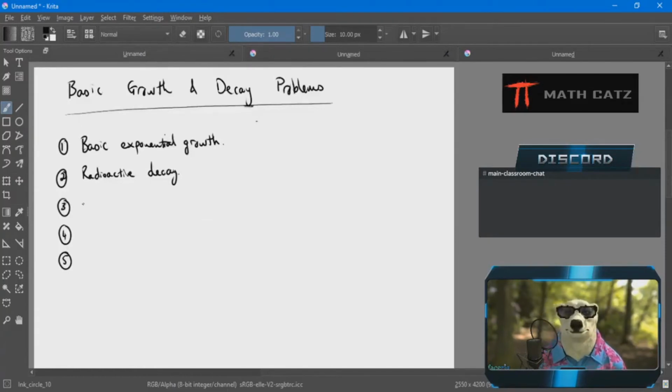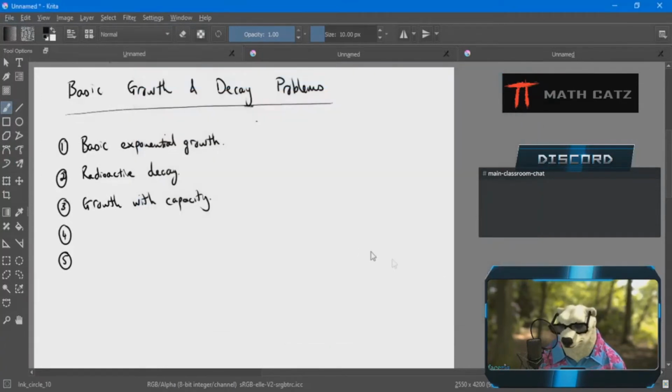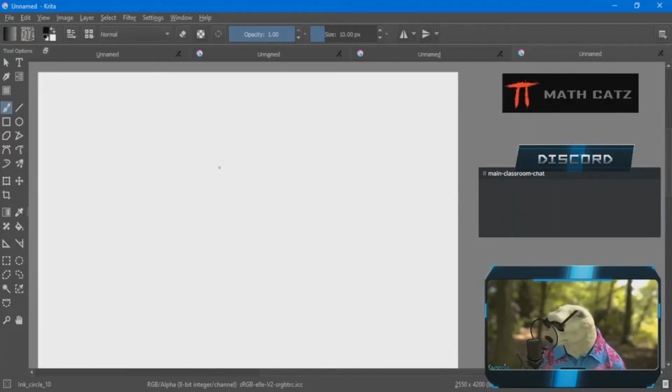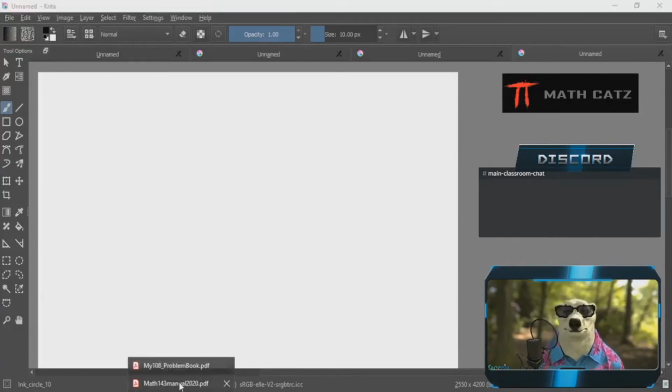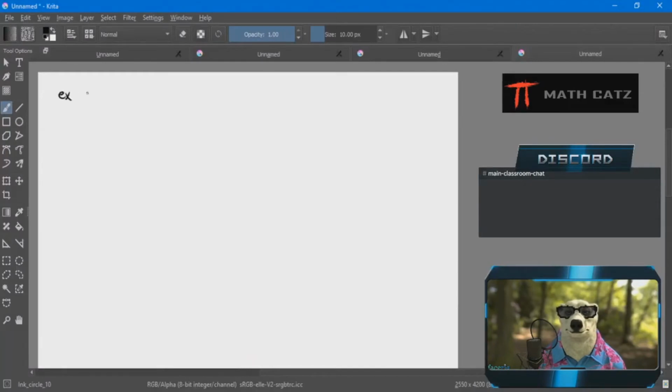So we have here growth with capacity, let's say. I have some space capacity. And honestly, let's just do it by example. So let's look at this number 1438 I have here. Example 1438.